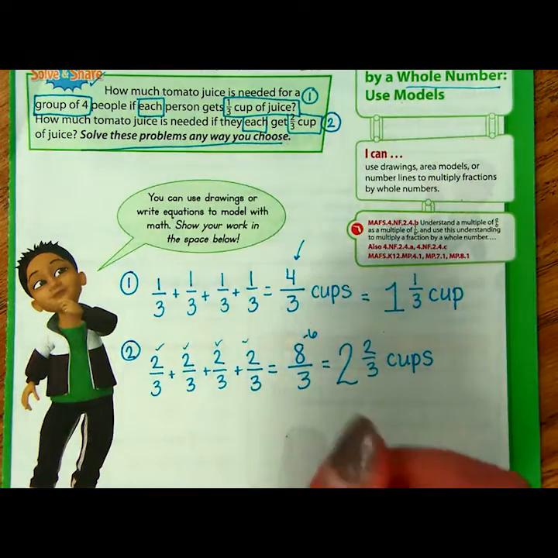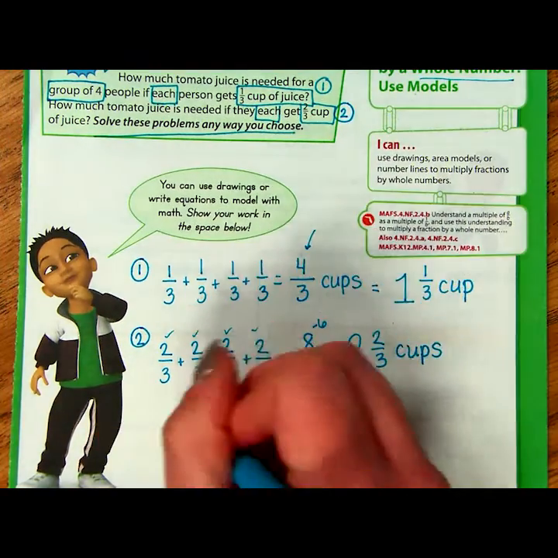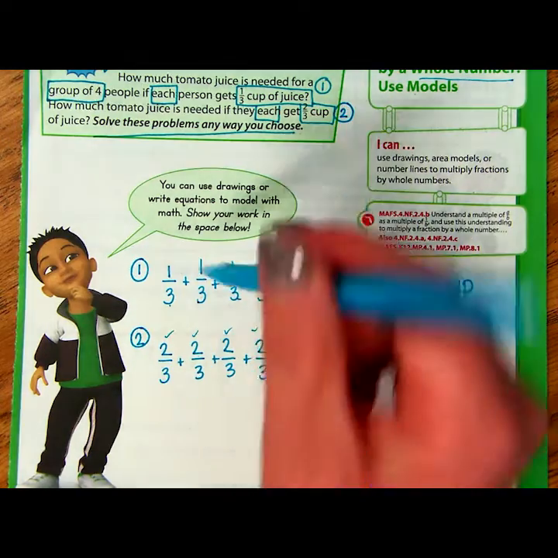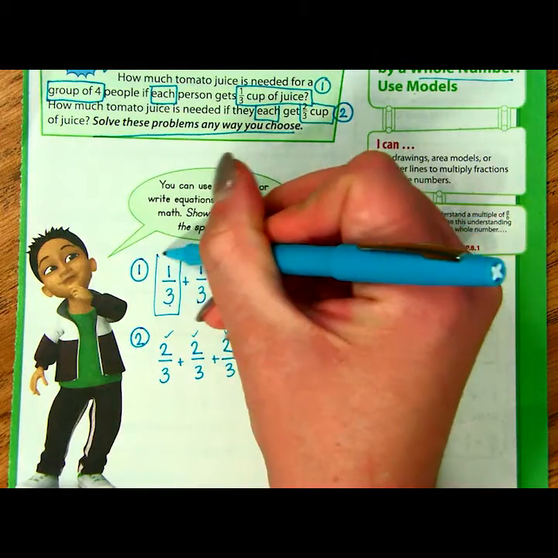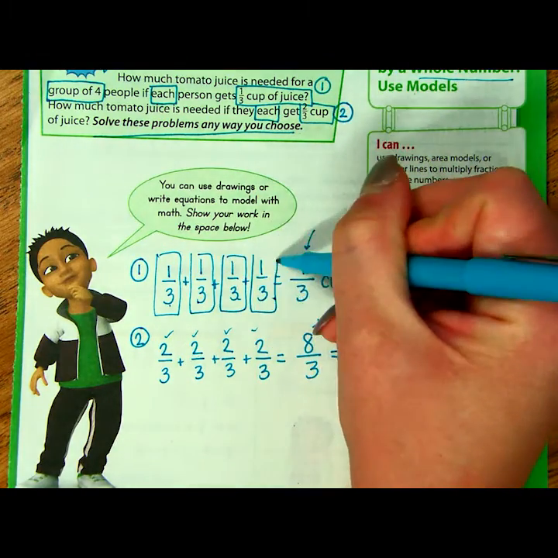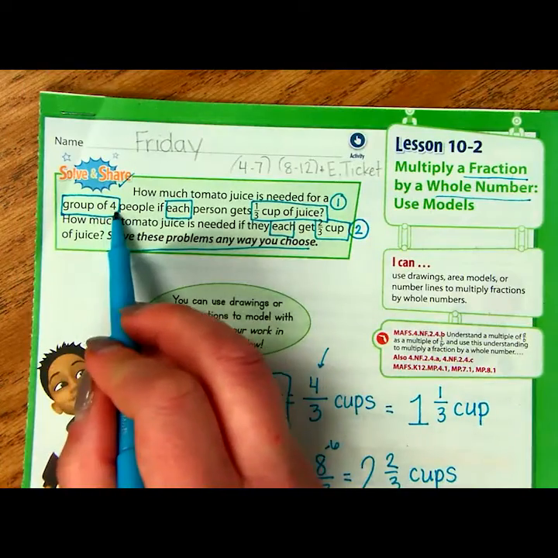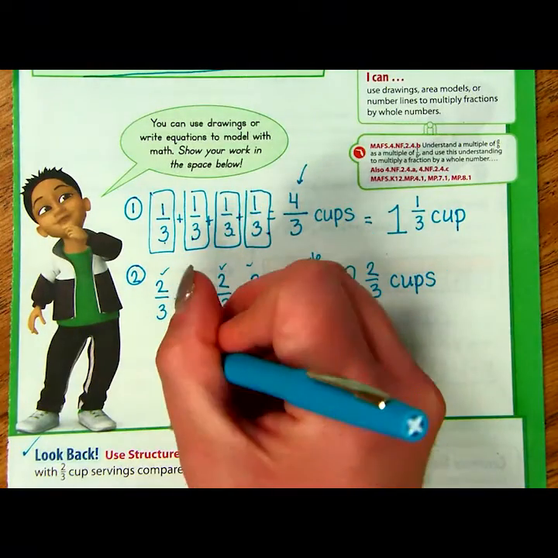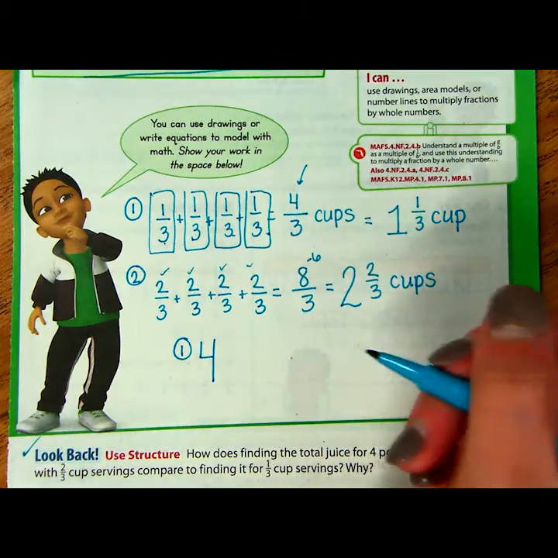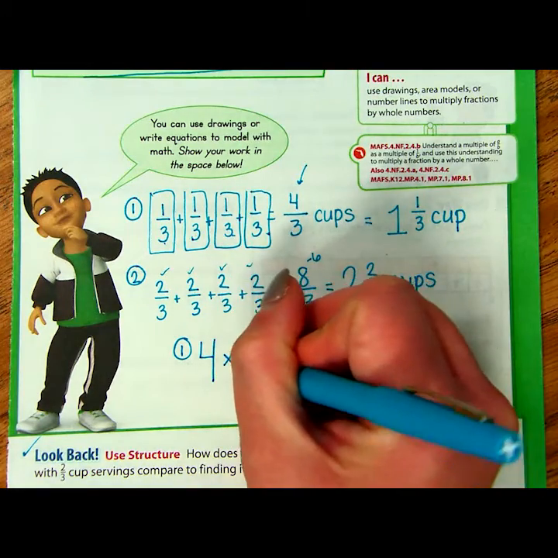If we were going to write this as a multiplication equation, I know that this is a unit fraction, 1/3, and I can multiply by the number of groups. And I have 1, 2, 3, 4 of them, right? A group of 4. So that multiplication equation for question number 1 would look like 4 whole groups multiplied by 1/3.